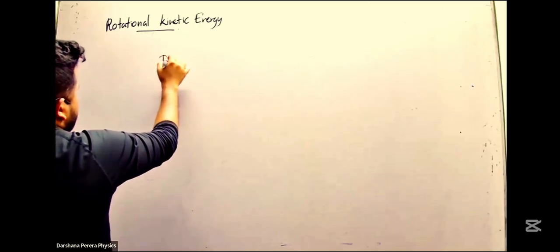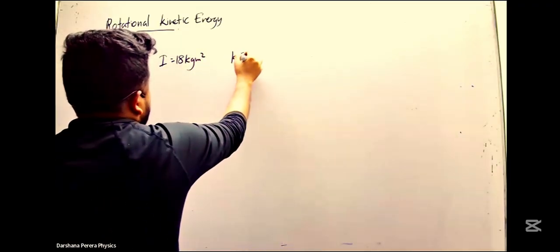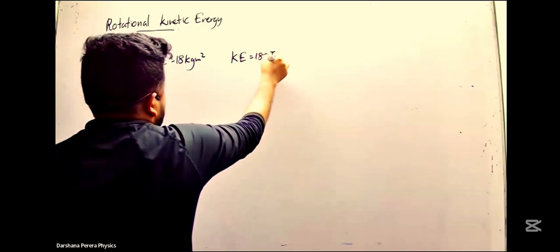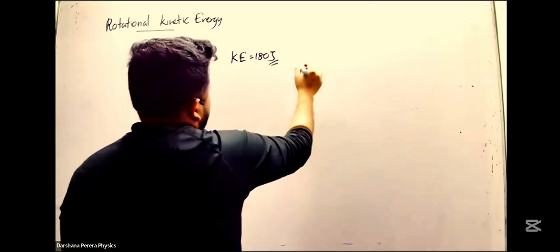I equals 18 kg m square, kinetic energy 180 joule. Find the omega.